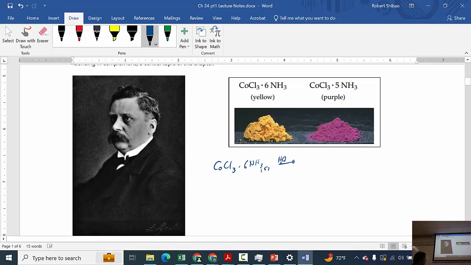So we'll just dissolve this in H2O. When we do that, the lattice breaks apart and we end up ionizing it. So we should form cobalt-3 plus 3 chlorides. Then the ammonias will be free from wherever they were trapped in the crystal structure. Ammonia is very soluble in water, so they'll just be aqueous.